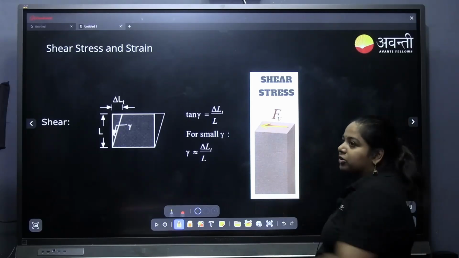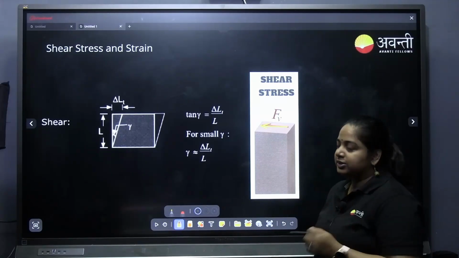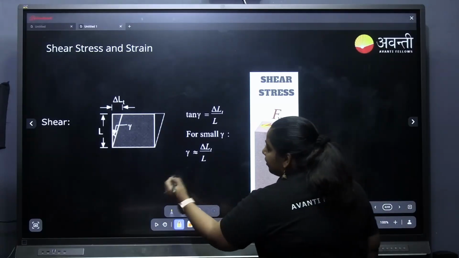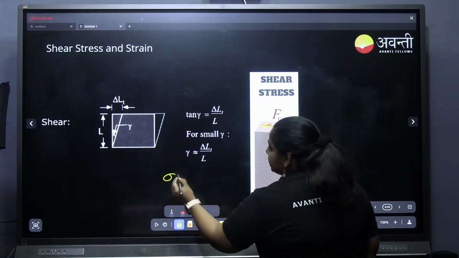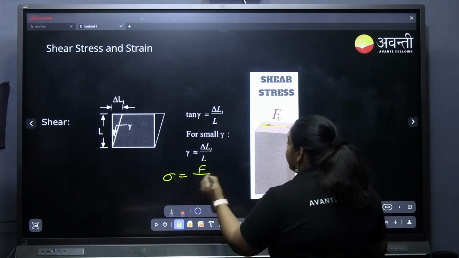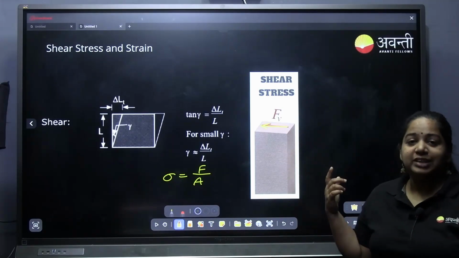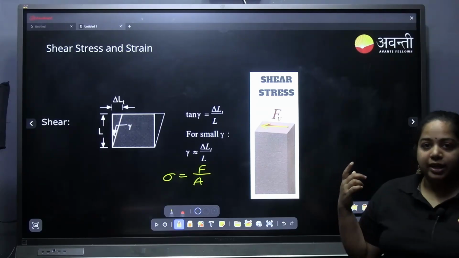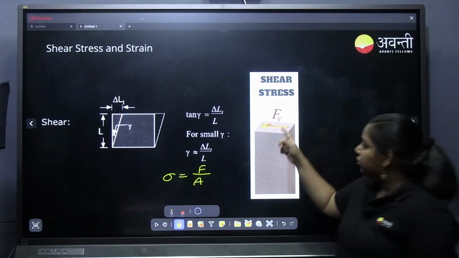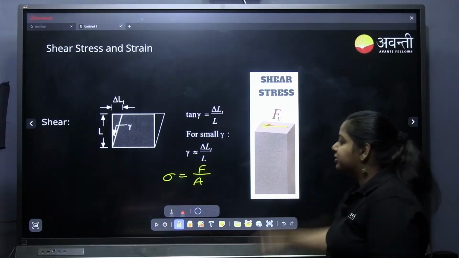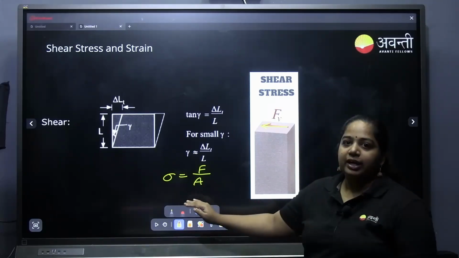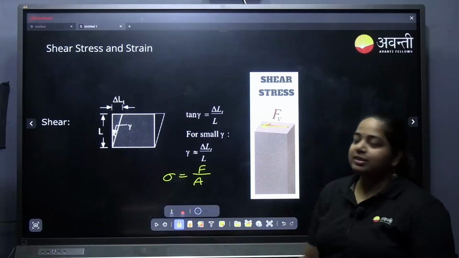That type of force is called tangential force, and because of that tangential stress is there. Again, the equation is the same, F by A. Whichever surface the force is acting on, that is our area of cross section, so force by area gives you shear stress.